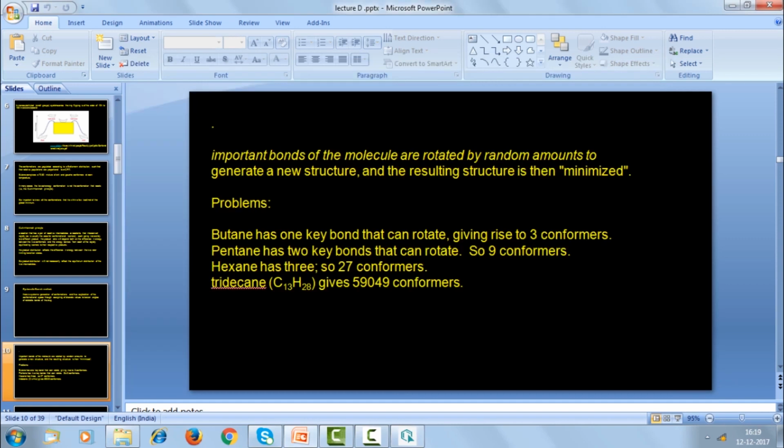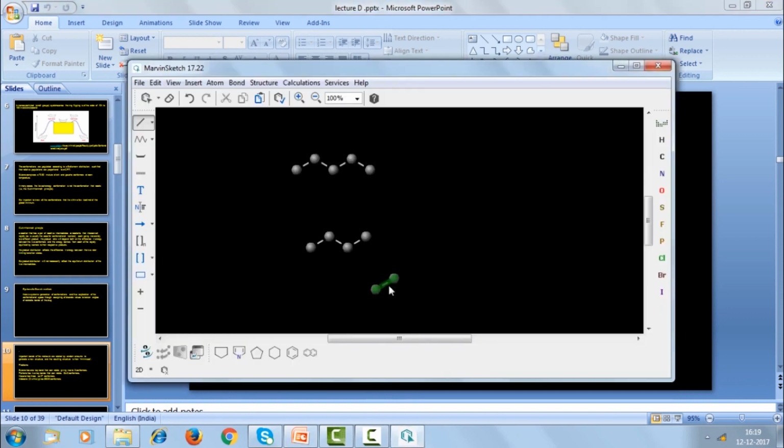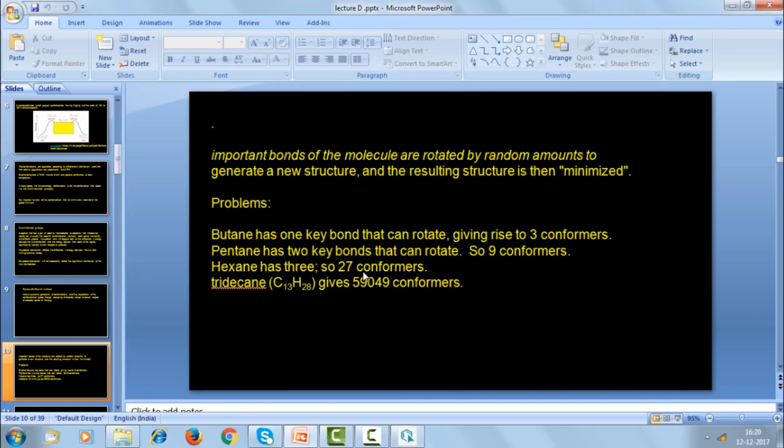So, in the case of pentane you can have 9 conformations. Hexane has 3 key bonds, okay. Let us look at hexane: 1, 2, 3, 4, 5, 6. So hexane has 3 key bonds, and we will have 27 conformers.